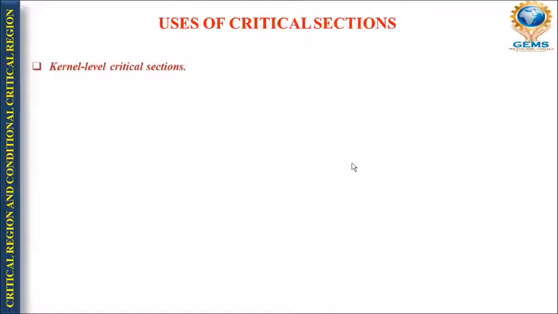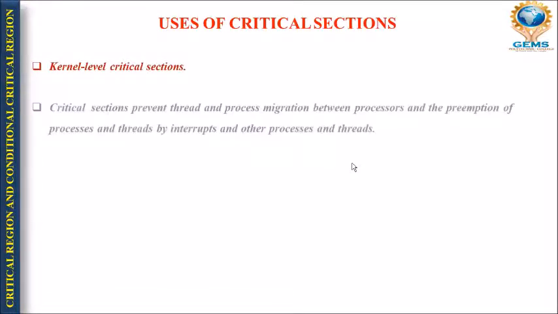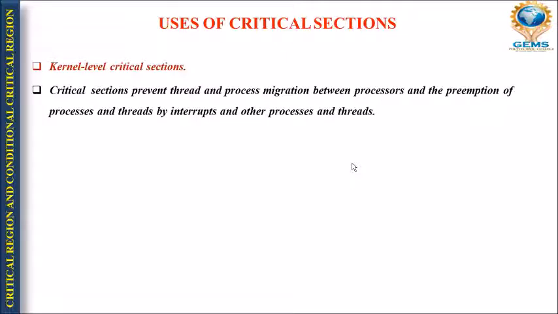So what are the uses of the critical section? First, the critical section is used to prevent thread and process migration between the processes and preemption of the process. So basically, the use of the critical section is to avoid preemption and migration between the processes unnecessarily.